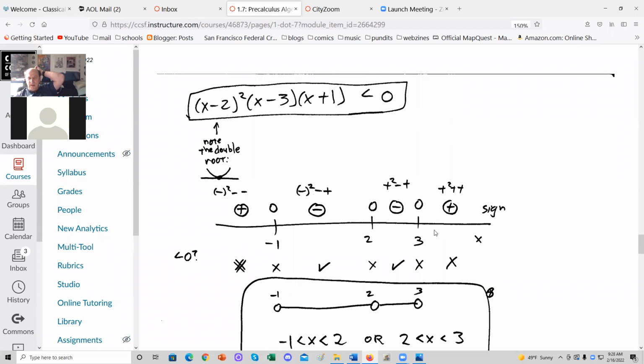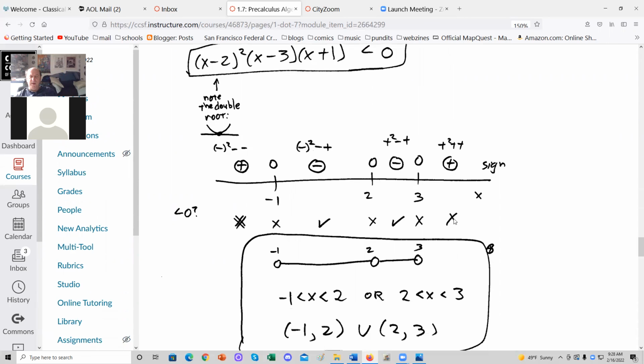So when is it strictly less than 0? Not here where it's positive. Not here where it's 0. Yes, here between negative 1 and 2. Not at 2 where it's 0. Yes, between 2 and 3 where it's negative. Not at 3 where it's 0. Not above 3 where it's positive.